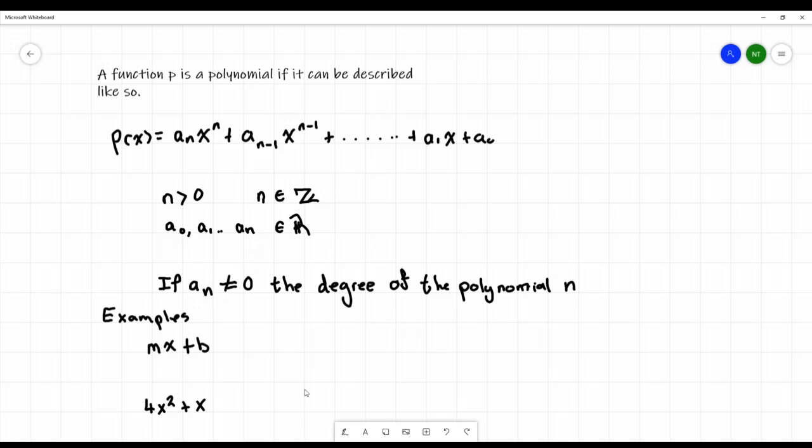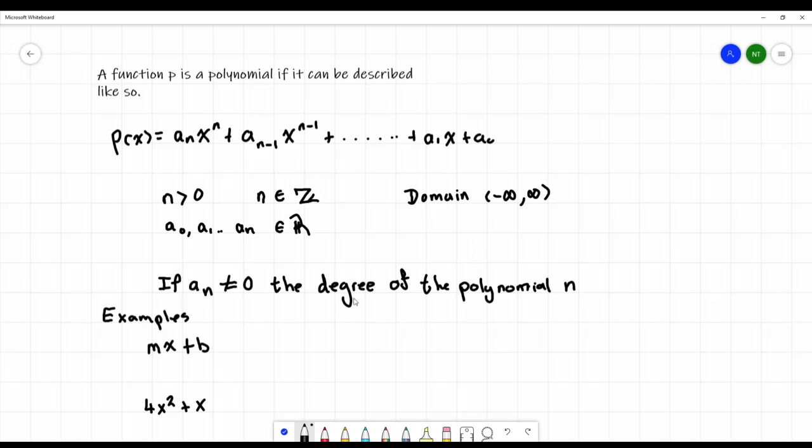So what can we generalize about polynomials? We could say that the domain of a polynomial is from minus infinity to infinity. As for the range, it will depend on the polynomial. We'd have to look at the polynomial in order to understand the range.